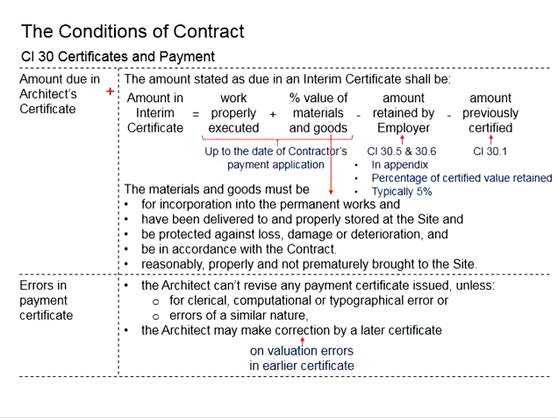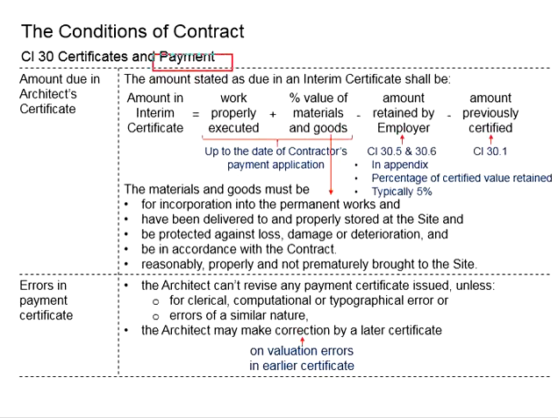Now let us proceed with the amount due in the architect's certificate. You know that this amount is very important. It indicates to the employer the total amount to be paid to the contractor.